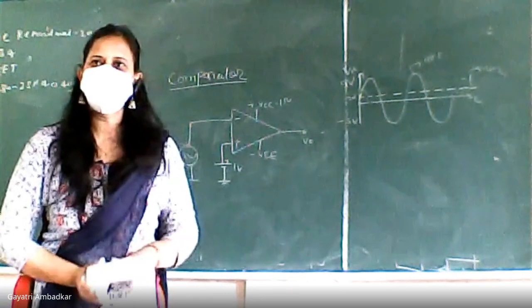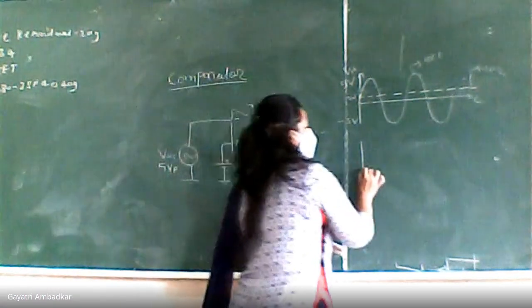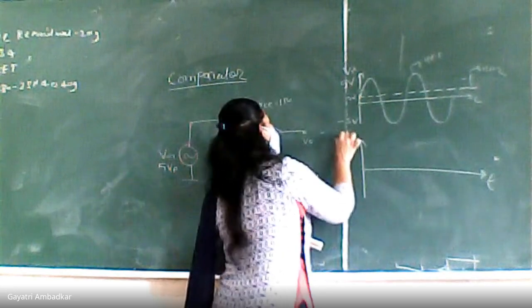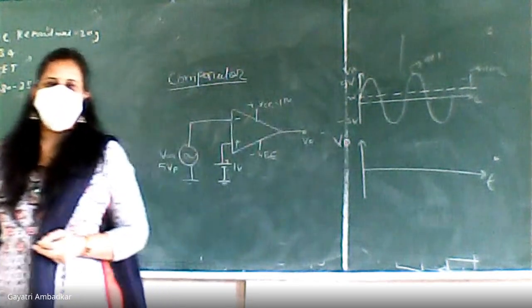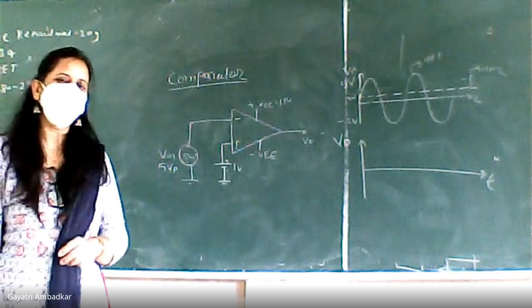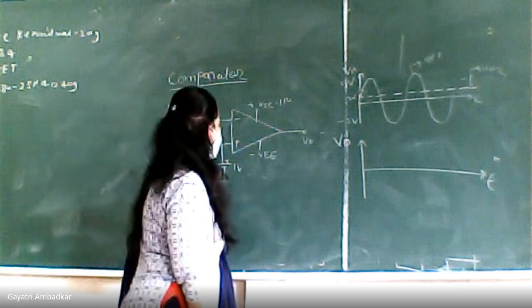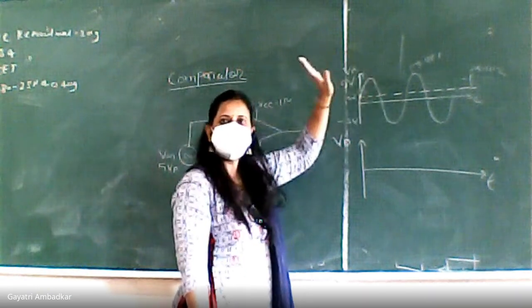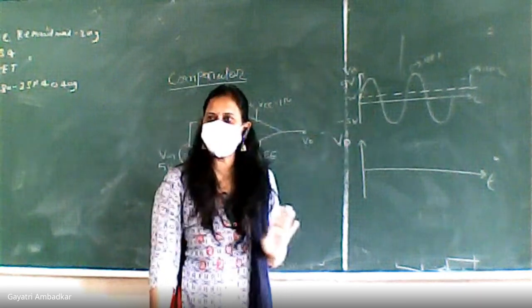Now, let's draw the output. Everybody pay attention. The first input is changing from 0 to 5 volt maximum and the second input is constant.